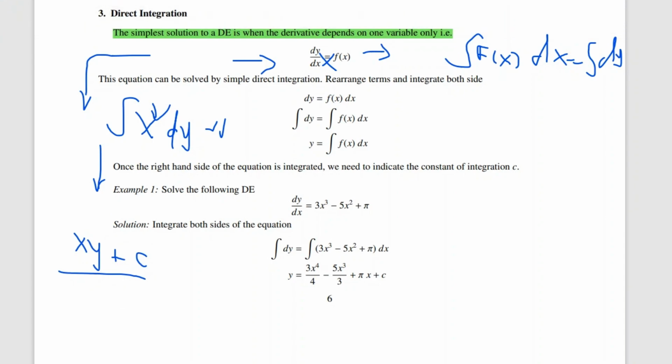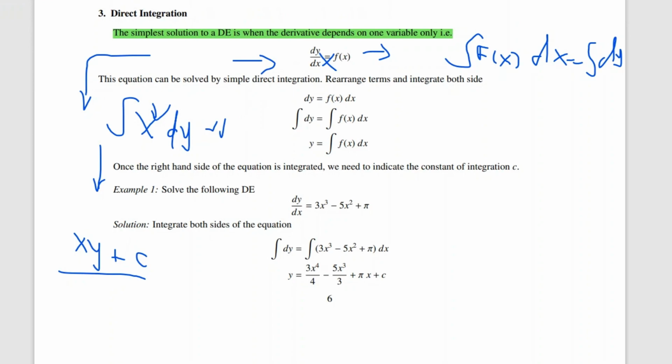So we need to avoid such a thing. We cannot allow y to be with dx, and we cannot allow anything that has to do with x to be with dy. So when we are separating or rearranging the terms, we should respect whatever is close to d.